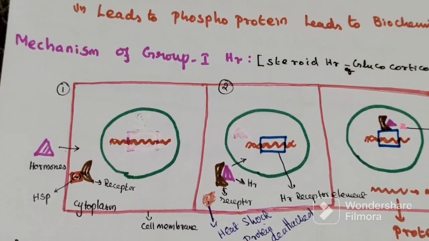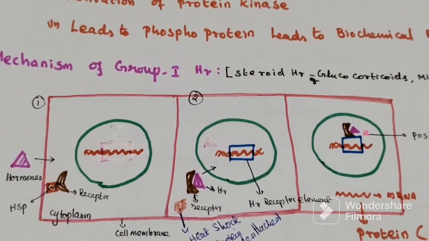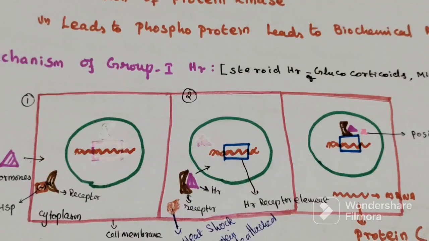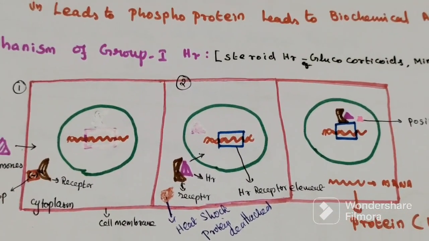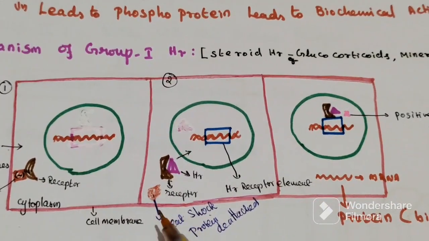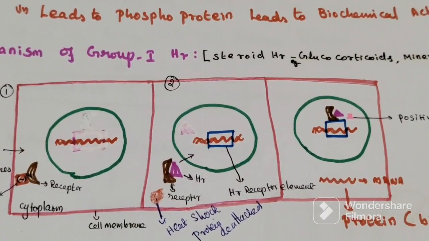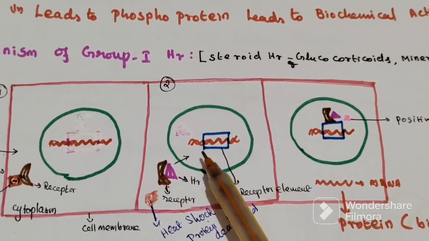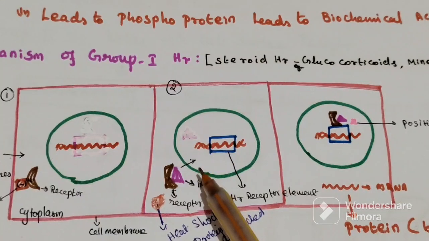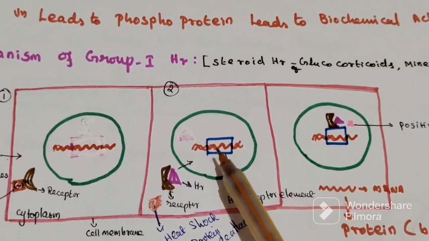Now this hormone binds with the receptor, causing conformational changes in the receptor molecule. This heat shock protein is detached. Now the hormone passes to the nuclear membrane and gets attached to the hormone responsive element.